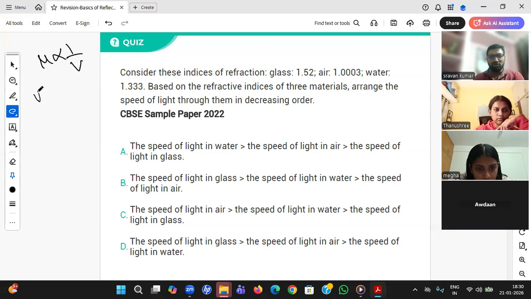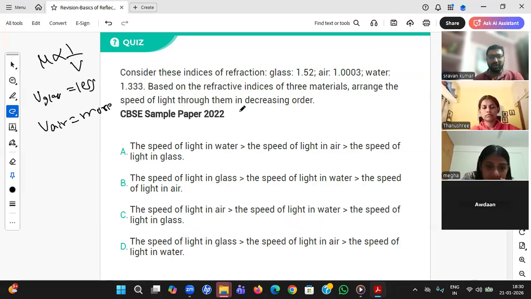Glass is more. So V of glass is less. Whose mu is less? Air is less. So V of air will be more. Now I need to arrange in decreasing order. Decreasing order means V of air should be more and V of glass should be less.